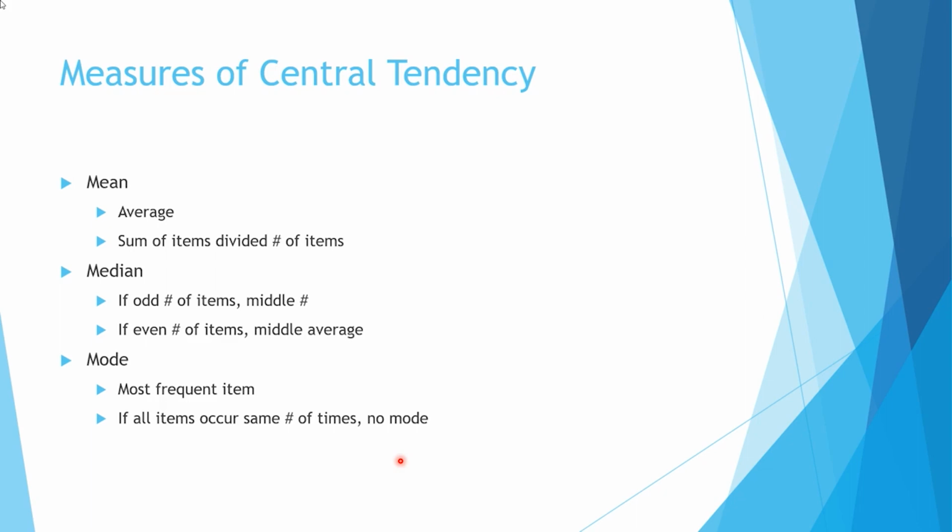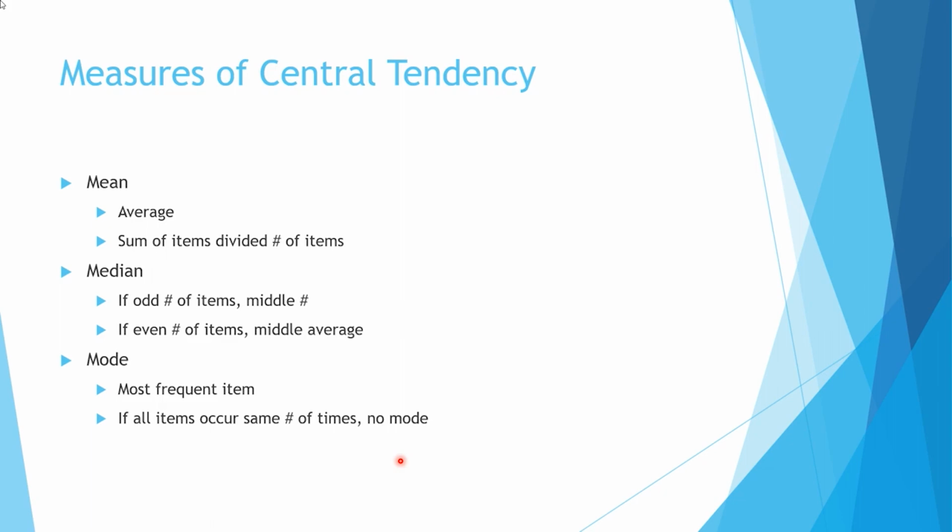So you have mean, which is the same as the average. And the formula for that is the sum of the items, which means that you add up all the items, and you divide the result, whatever that sum is, by the number of items. Now the median is the middle number. So if it's an odd number of items, you're going to have an actual middle number, so you would use that.